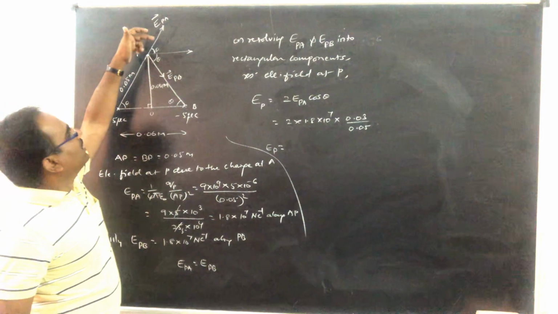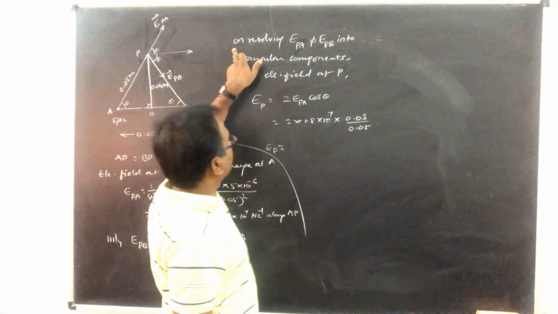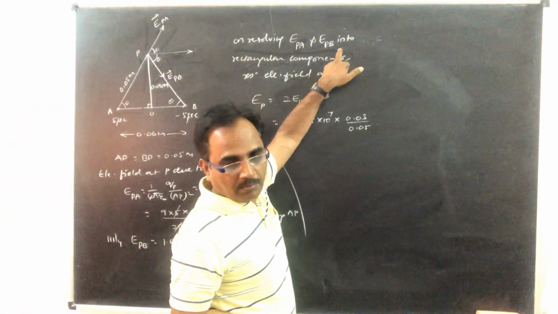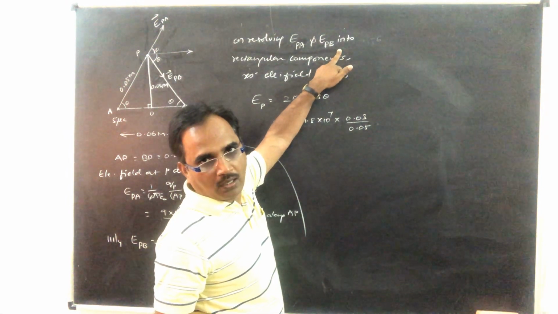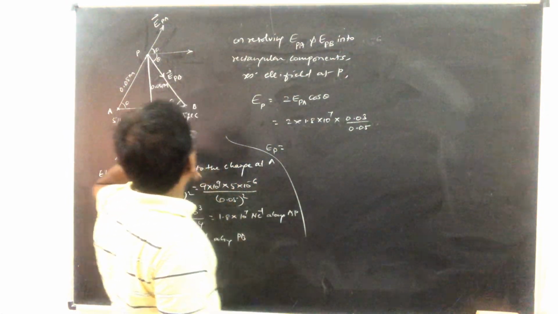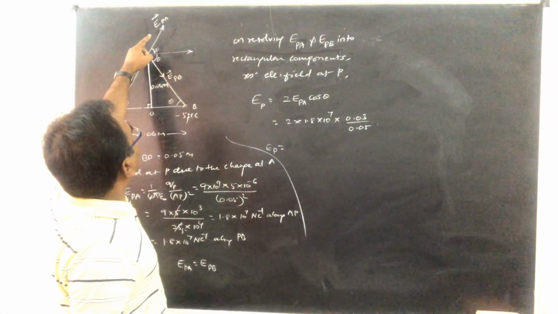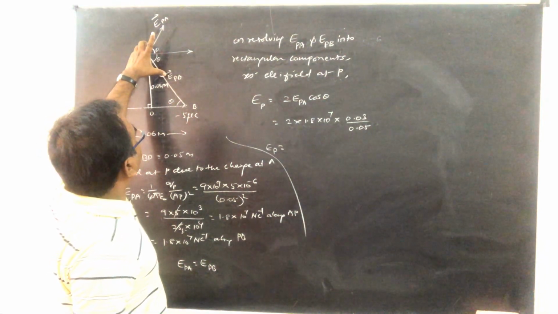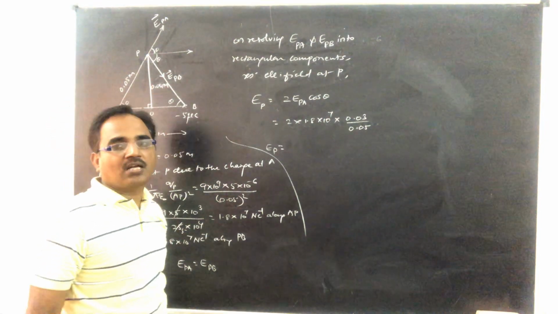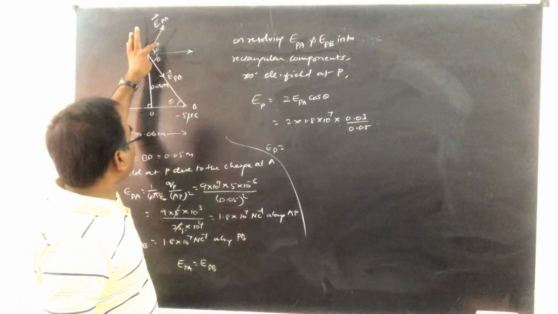Even without resolving them into components, you can take this equation as written earlier, root of EPA square plus EPB square plus 2 EPA EPB cos 2 theta, this angle.